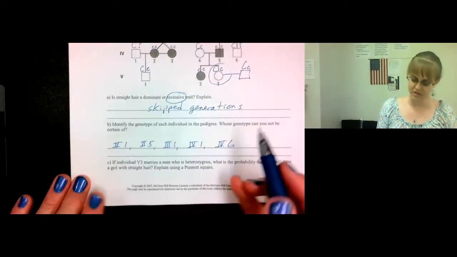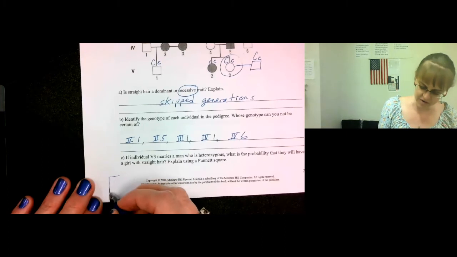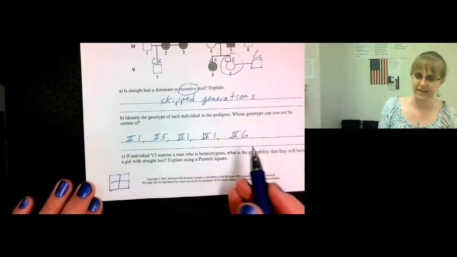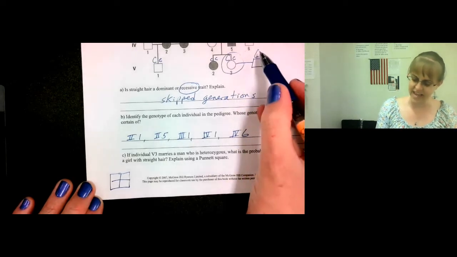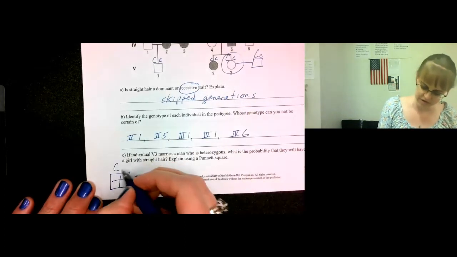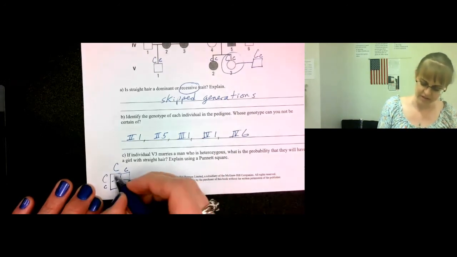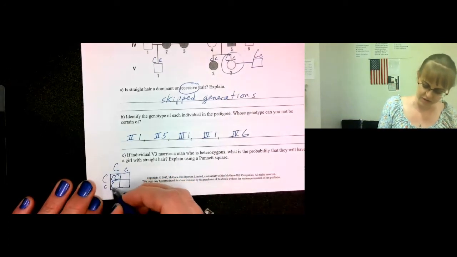First of all, we need to do a Punnett square. And the dad is capital lowercase, and the mom is capital lowercase. Now, do your cross.